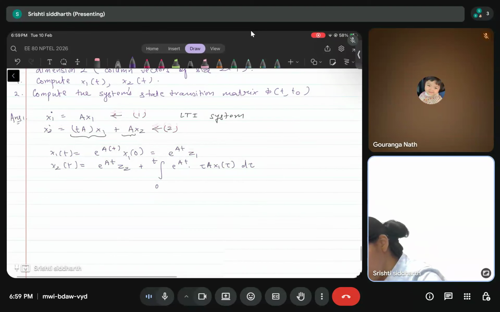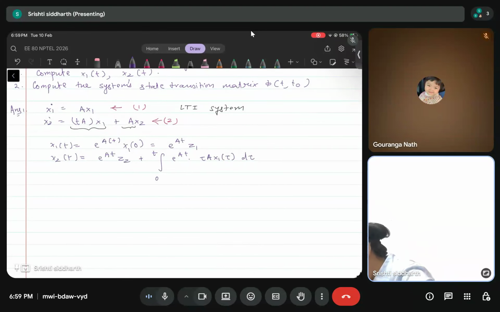So substitute the expression for x1 at tau.